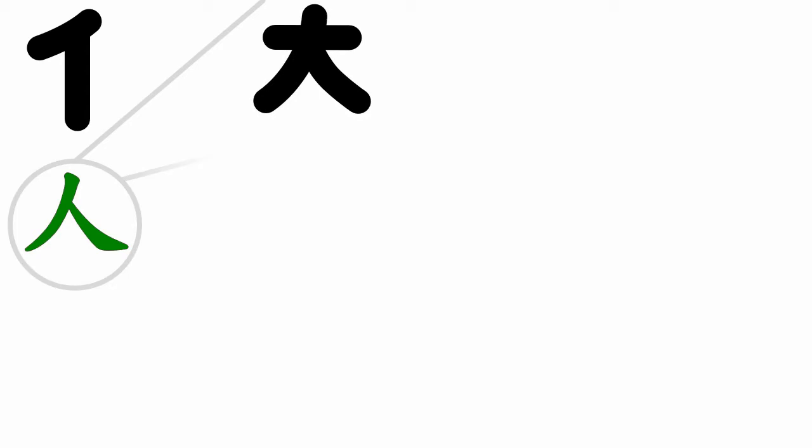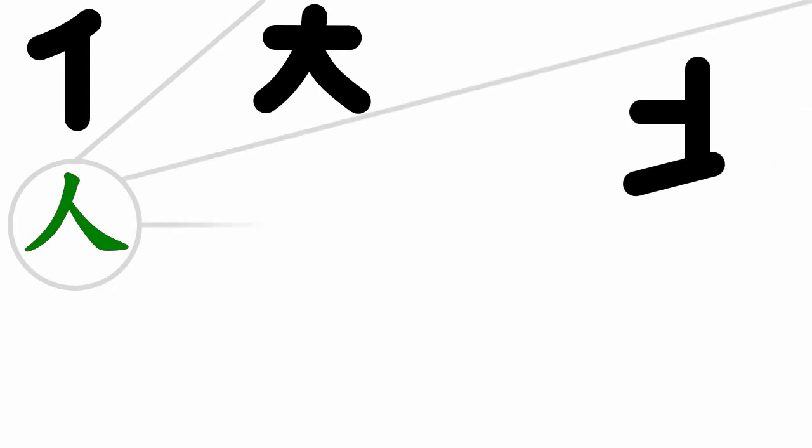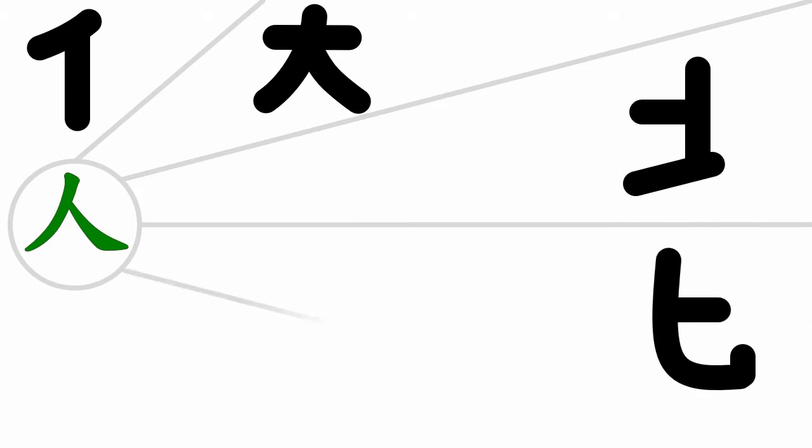Take a moment to notice how many versions of the person, people character we've seen so far. The upright man in 1,000, 千. The man with outstretched arms in large, 大. The left-facing and right-facing man in north, 北.